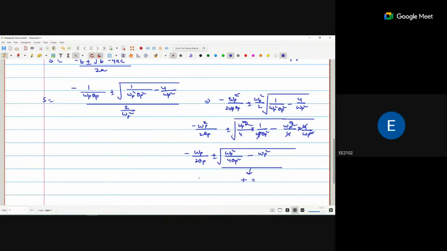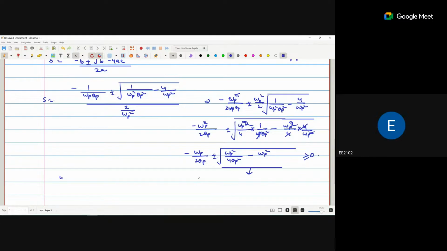That means the poles being real means the discriminant is greater than or equal to 0. This term should be greater than or equal to 0. If it is less than 0, we are getting imaginary roots, complex poles.